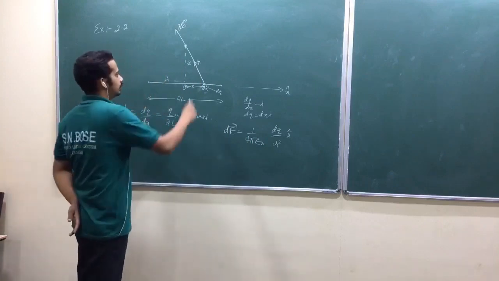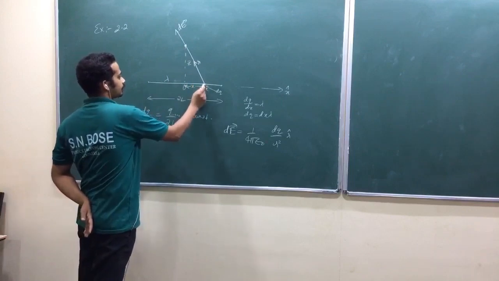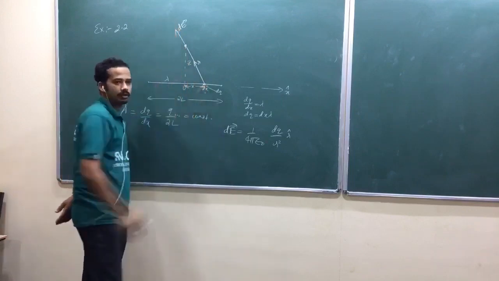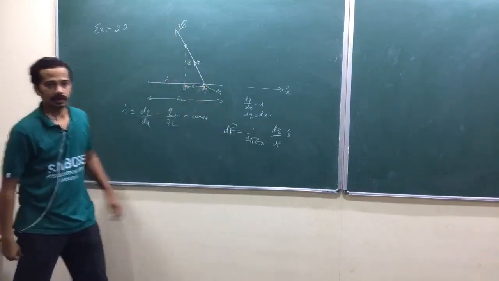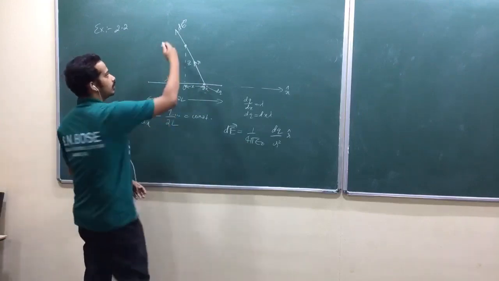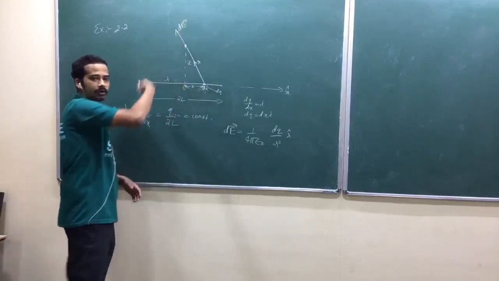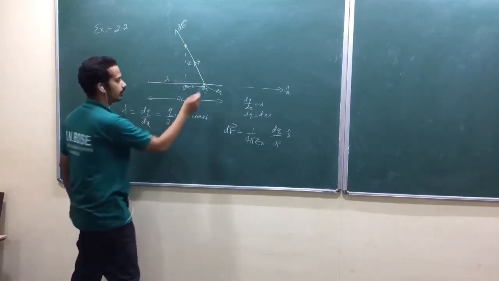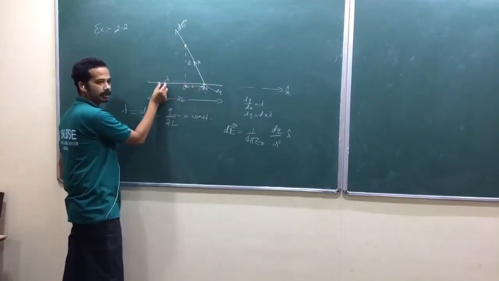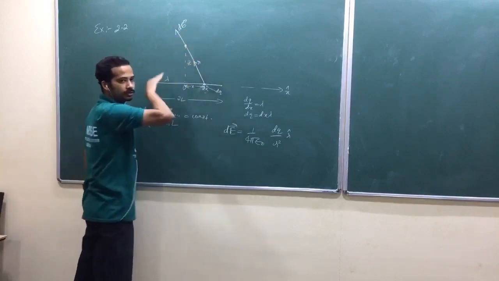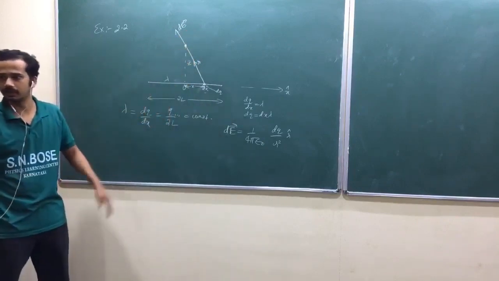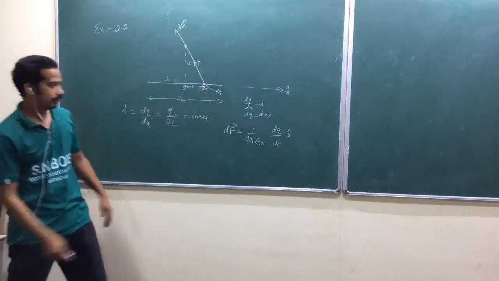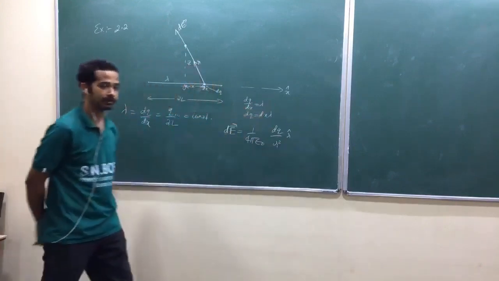If you just move this dq, your R cap is variable. There is another way of doing that one. What is that? Taking the vertical component, the horizontal component will get cancelled. For one element here, there will be a corresponding element here whose horizontal component will get cancelled. That's the other idea. Let me do it in his way, that's also needed later.